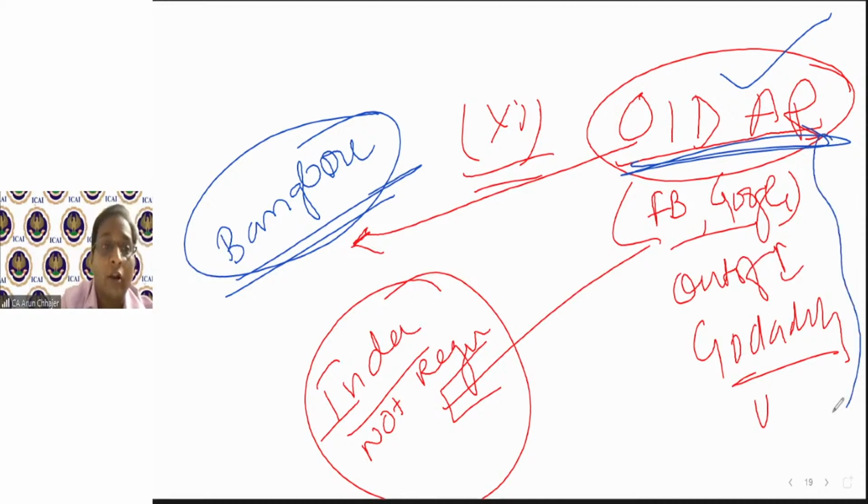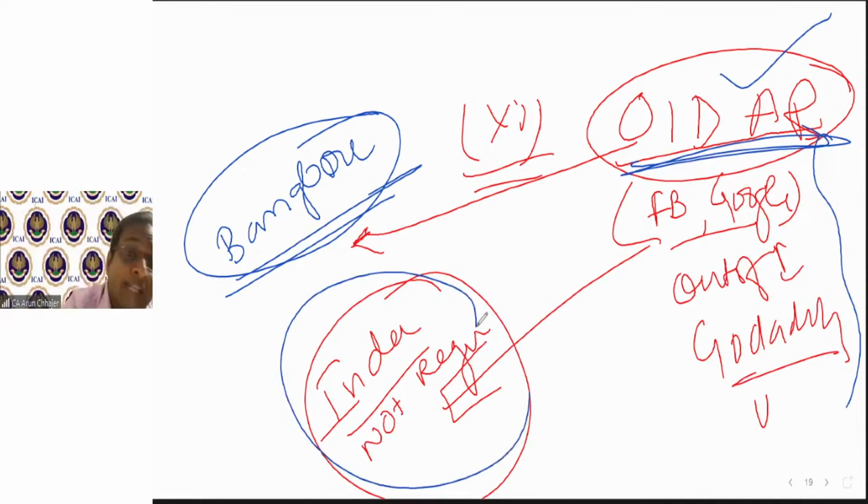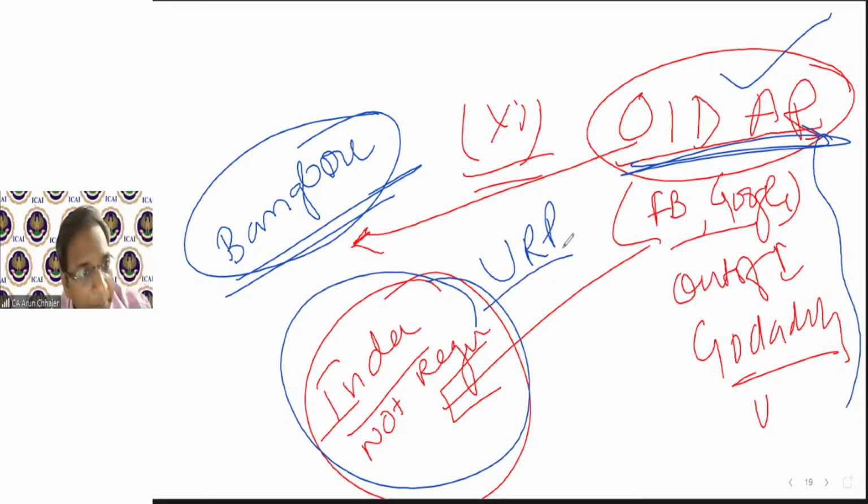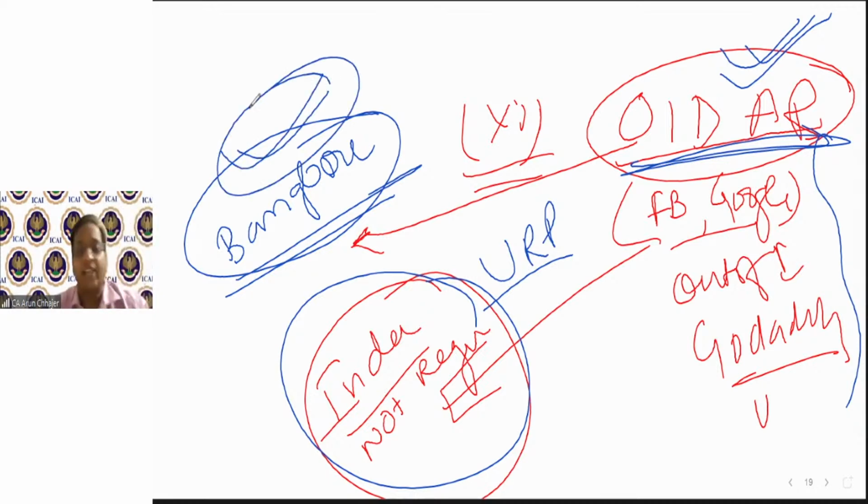All such OIDAR who are located out of India but providing the service in India to unregistered person, the liability to pay the taxes is shifted to OIDAR. They will take the registration under regular category and the location is being fixed as Bangalore.